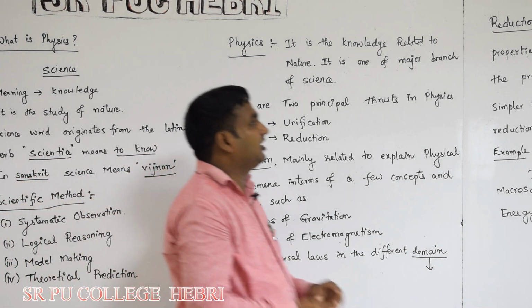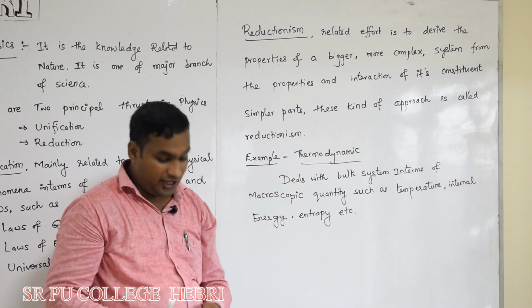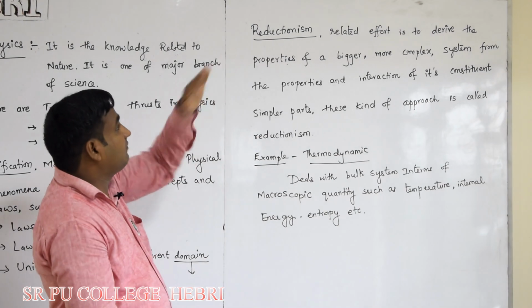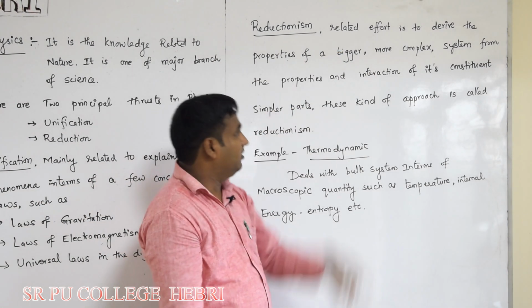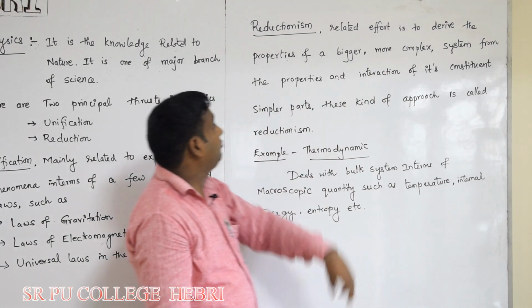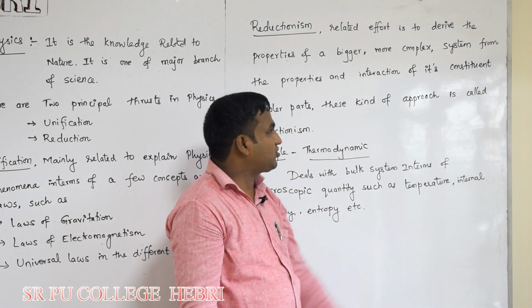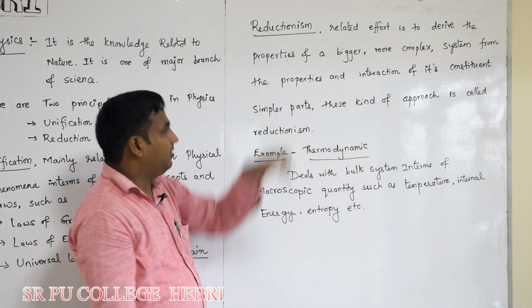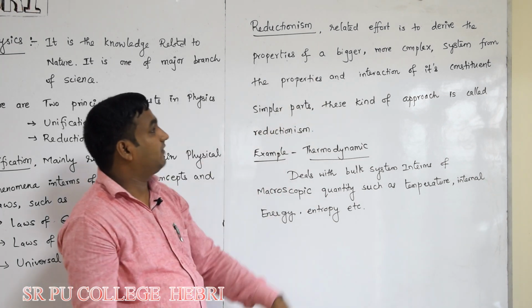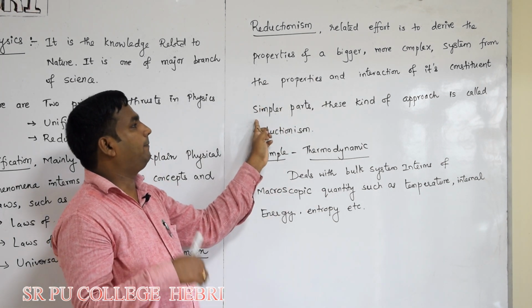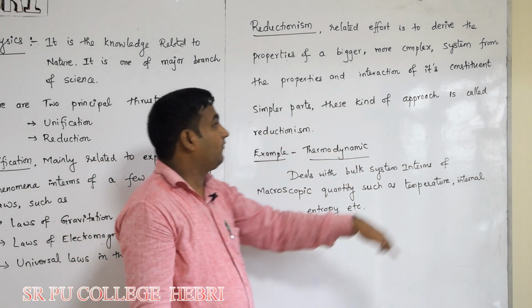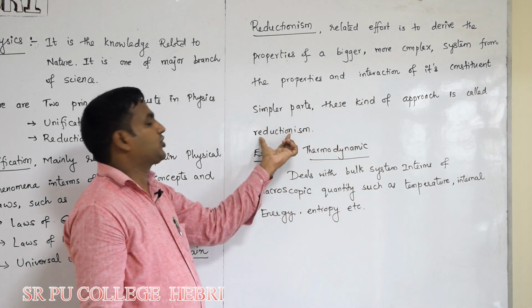And the next important thing is reductionism. I already told you about reduction. In reductionism, the effort is to derive the properties of a bigger, more complex system from the properties and interactions of its constituent simpler parts. This kind of approach is called reductionism.